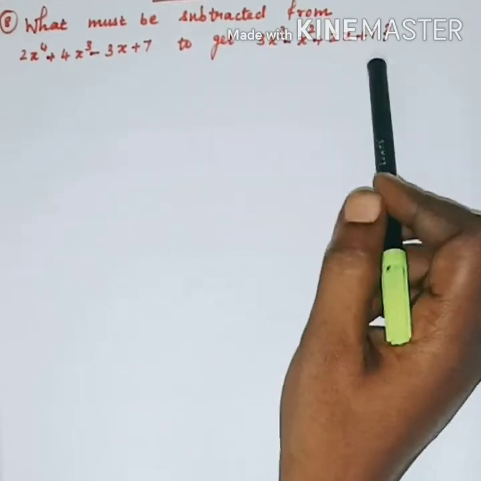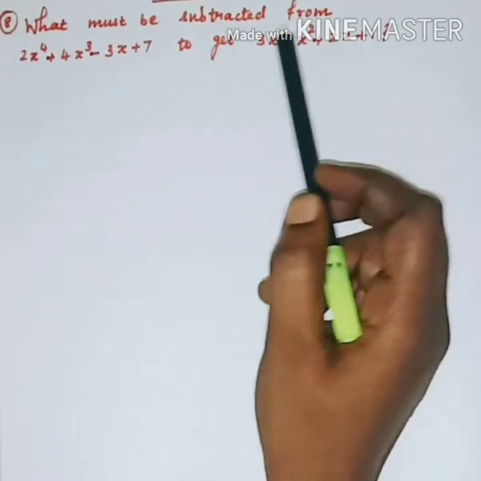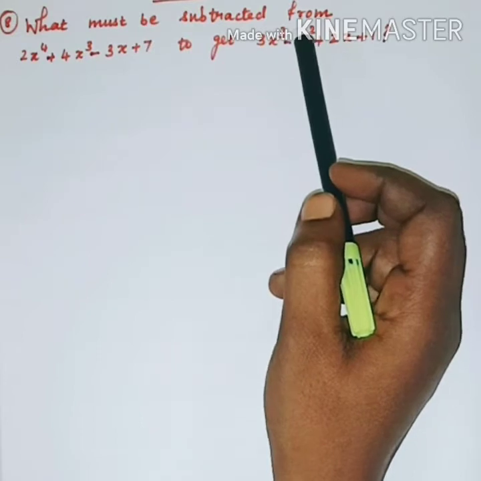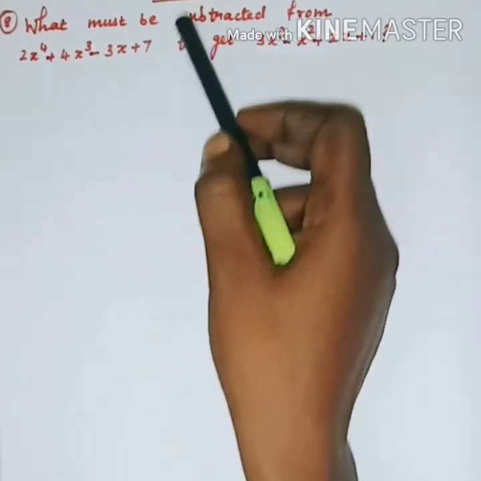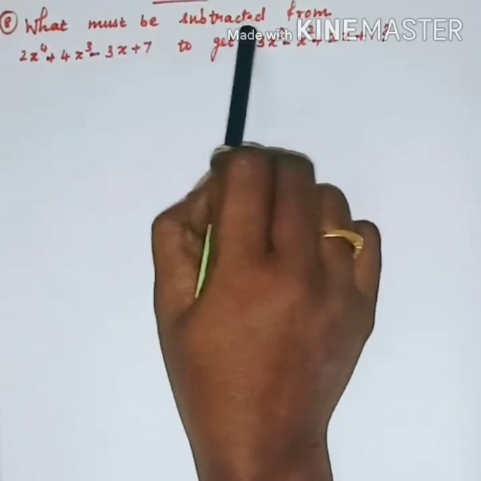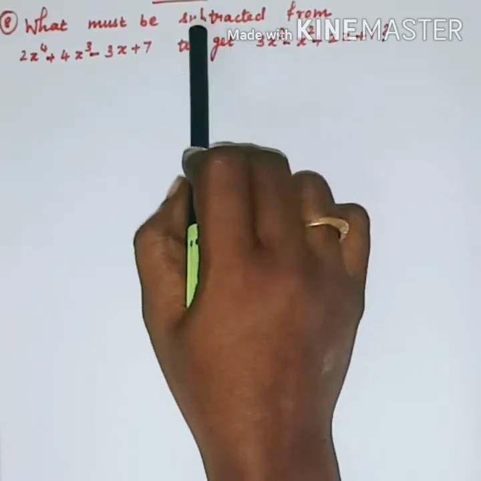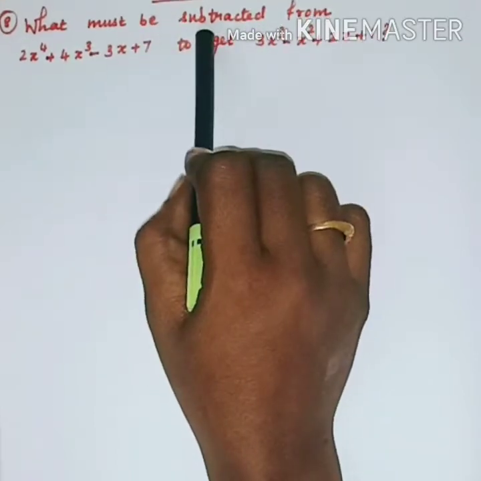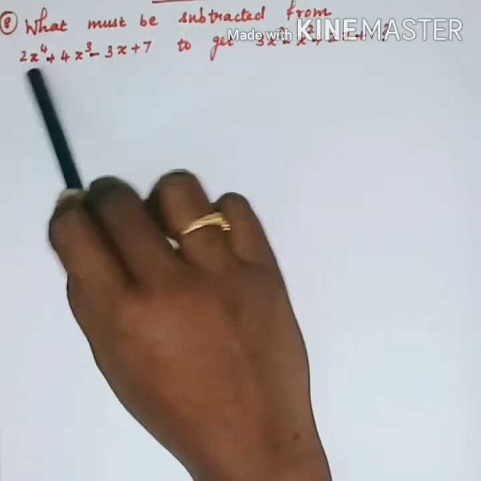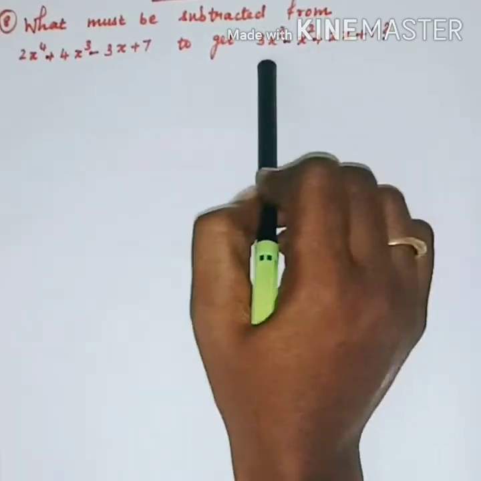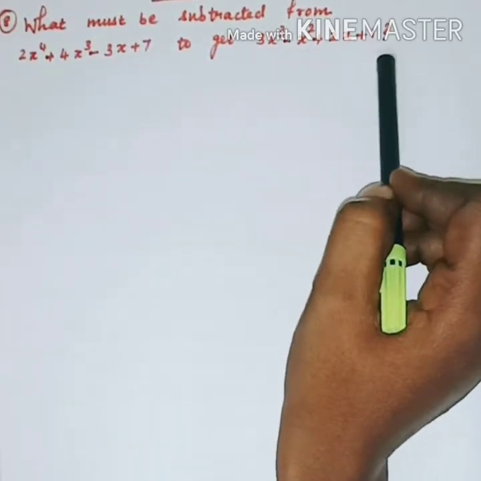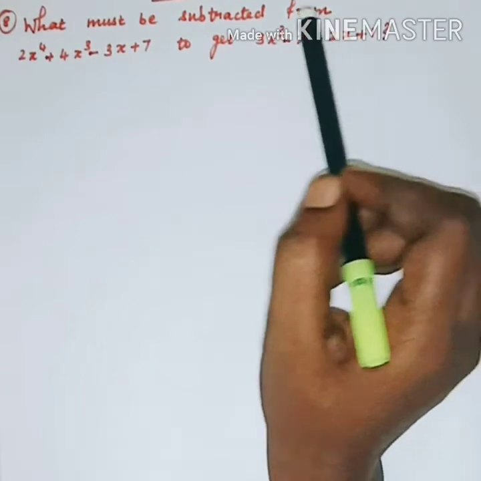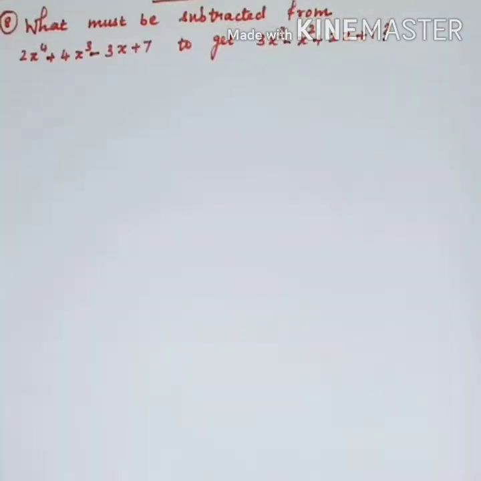This means when we subtract some polynomial from this polynomial, we will get this. We have to find that polynomial, so take that polynomial as p of x.